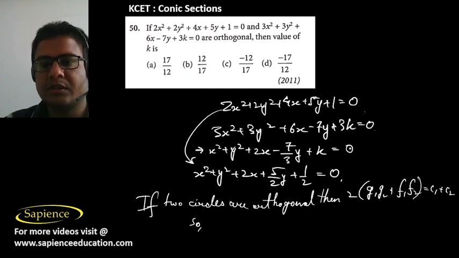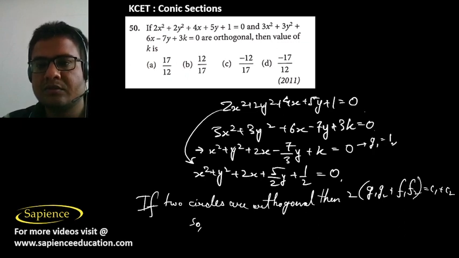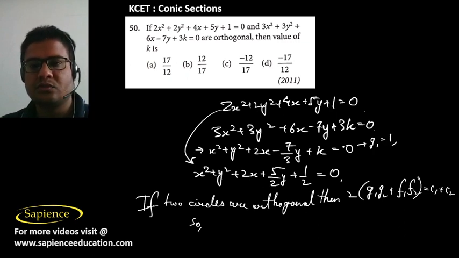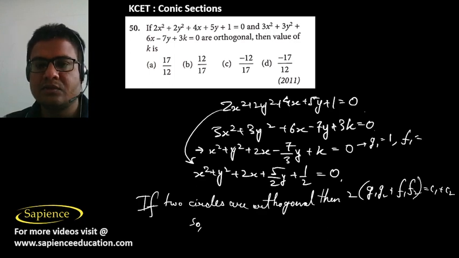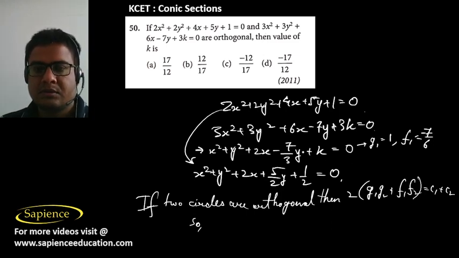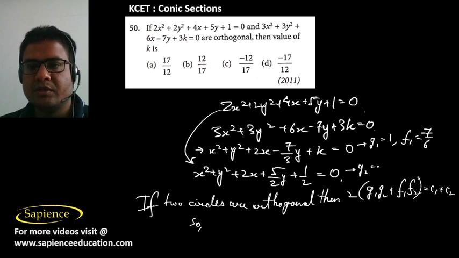So here g1 is 1, since it is 2gx, and f1 is 2fy, so it is minus 7 by 6. And here also g2 will be 1, and f2 is 5 by 4.